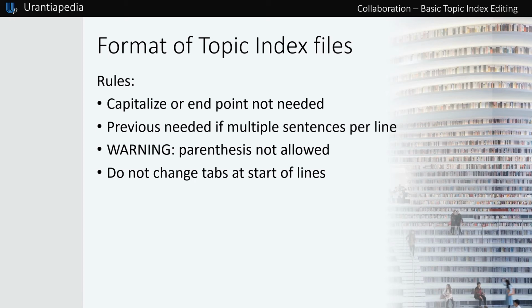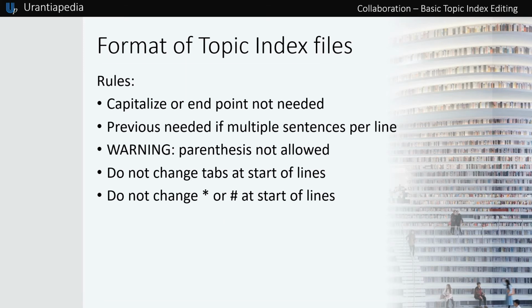You, as contributor, must leave these tabulation characters as you find them. Do not change them. Lines can start with an asterisk or hash sign, or a mix of them, to make numbered and mixed lists. Again, these must be left as they are. Do not change these characters.